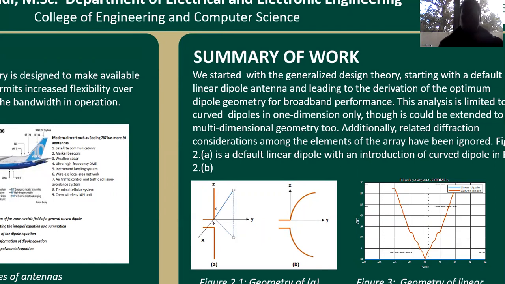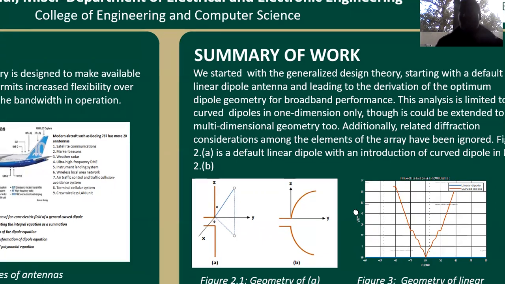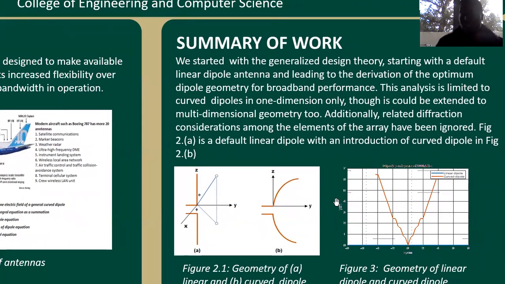This is a wire, and the other one is on a substrate, a different kind of substrate, the Rogers substrate, so that they can have a full grasp and understanding of how this curved dipole antenna will behave on a patch antenna.